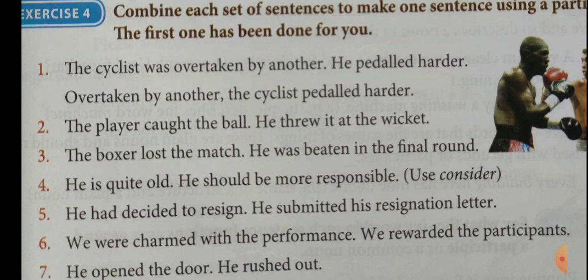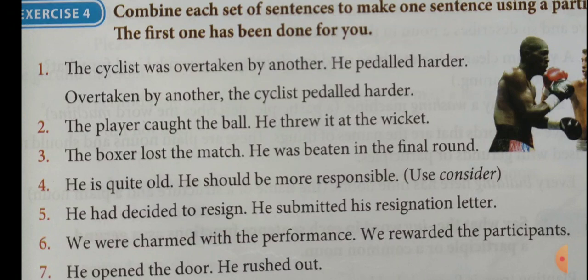The cyclist. Or why did the cyclist pedal harder? Because he was overtaken. So the reason we have to put in the beginning. Overtaken by another, the cyclist pedaled harder.